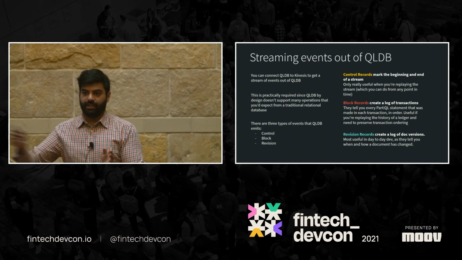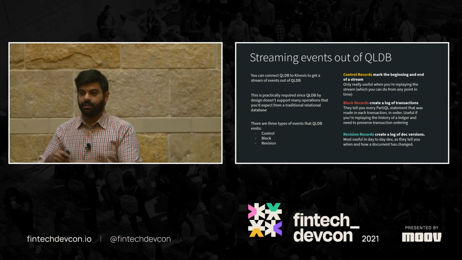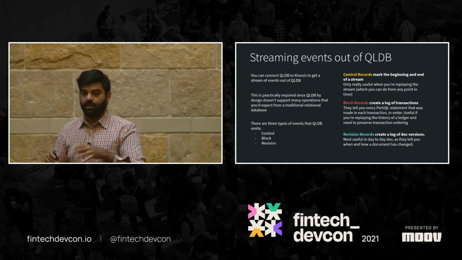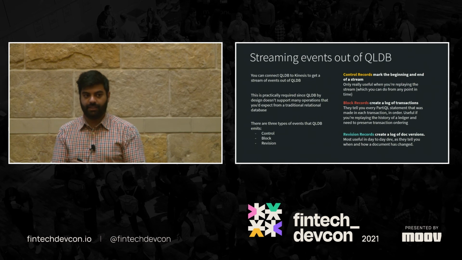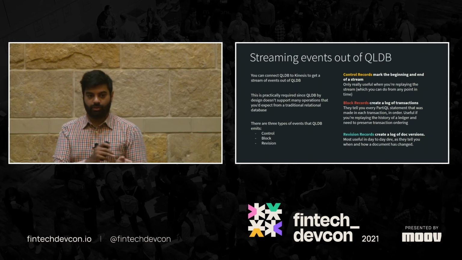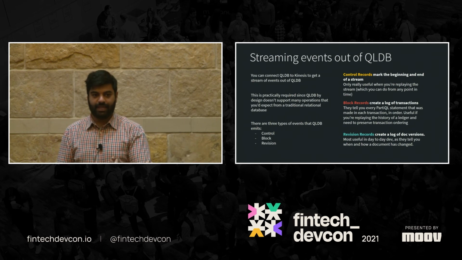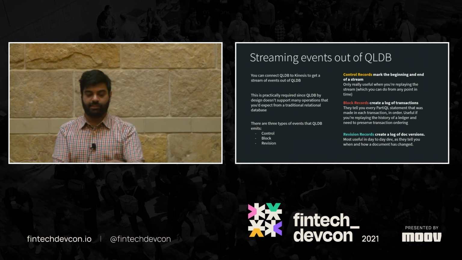if you have a stream running into a Kinesis stream that's your day-to-day thing, you can create a new stream out of that same database and say, can you replay your entire journal from the beginning, or from a point in time, into another Kinesis stream?